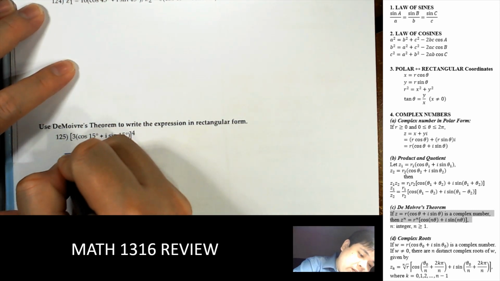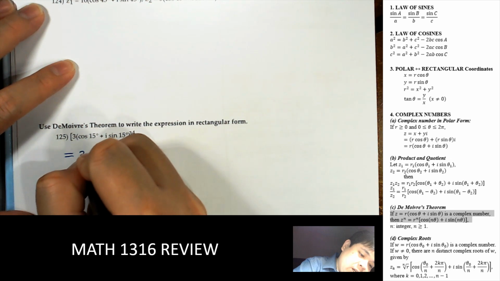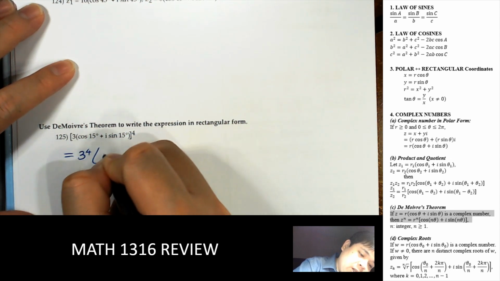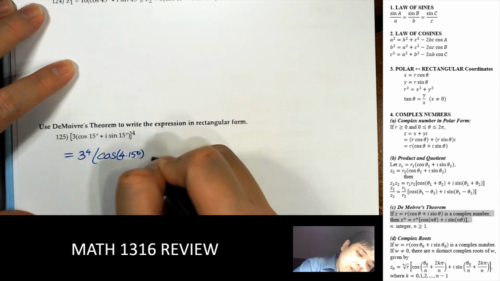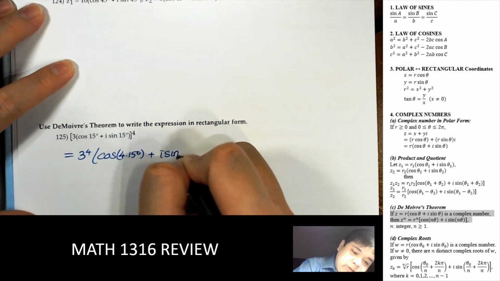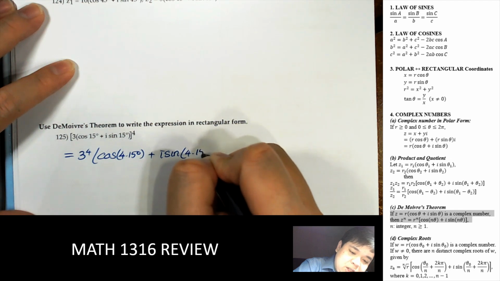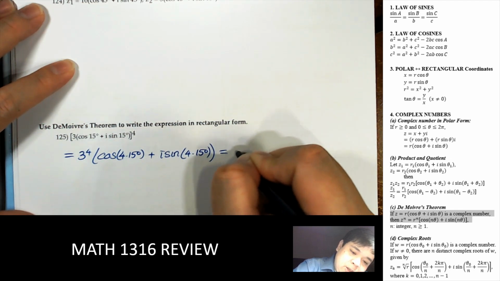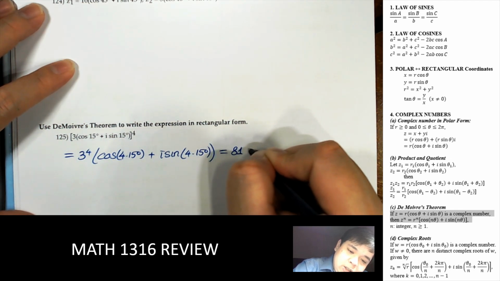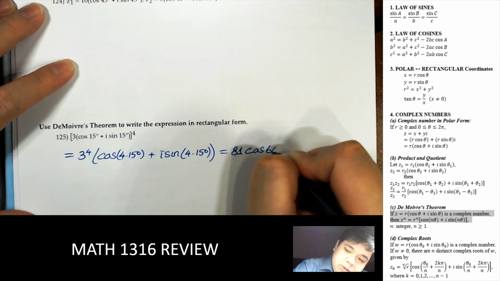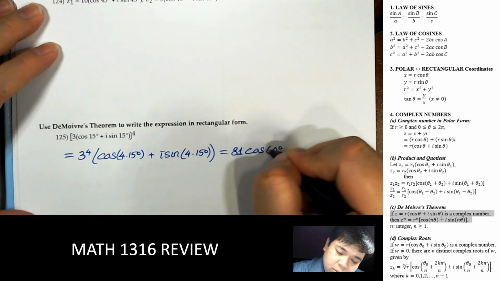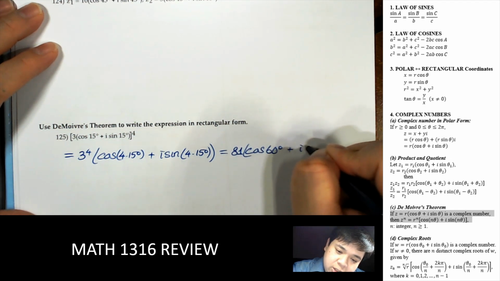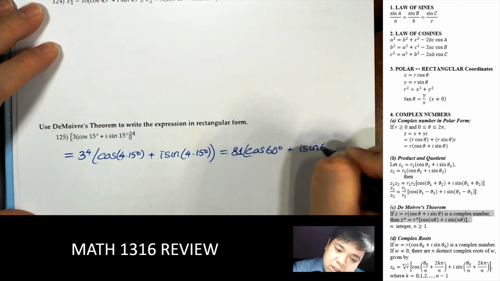So this will be 3 to the 4th power, cosine of 4 times 15 degrees plus I sine of 4 times 15 degrees. So 81 cosine of 60 degrees plus I sine of 60 degrees.